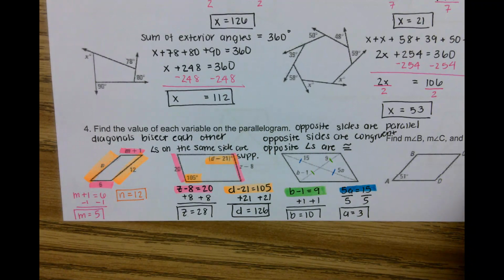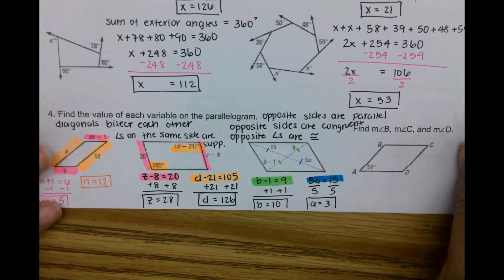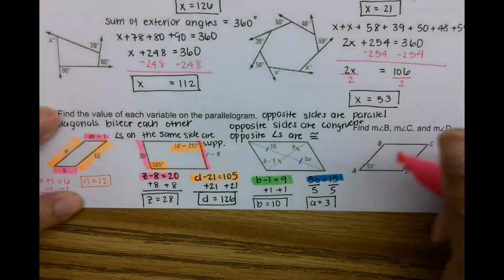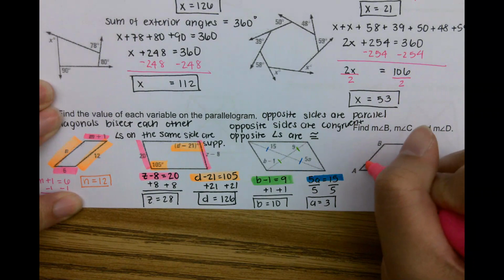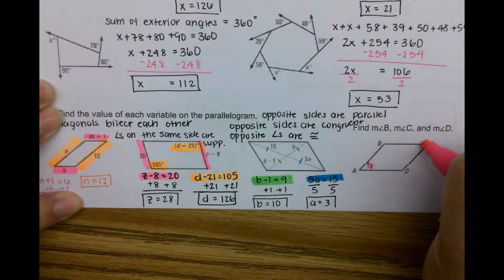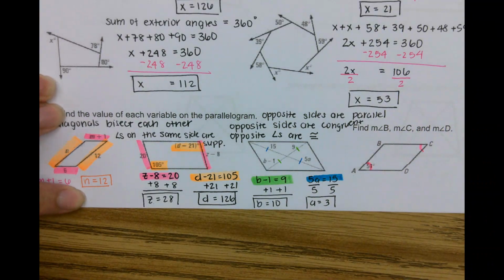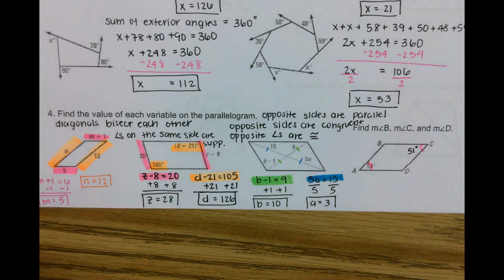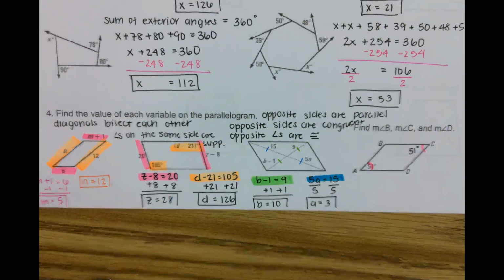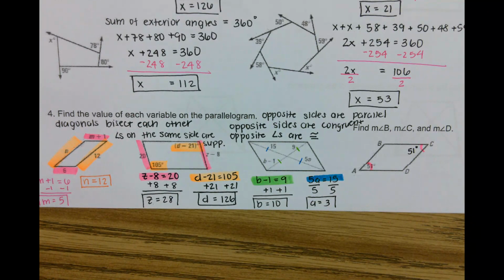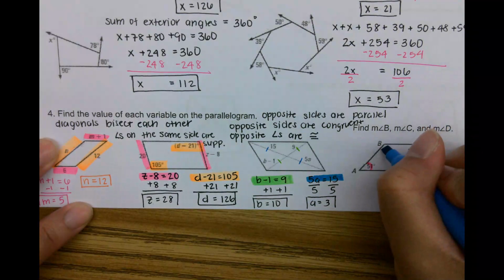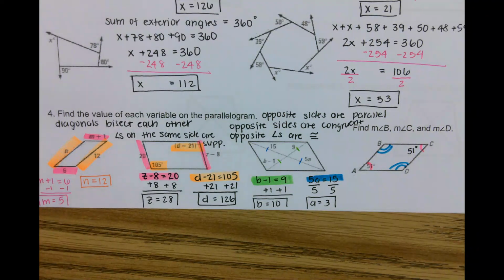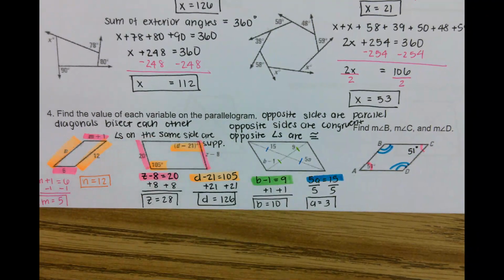Then here, it asks us to find angle B, angle C, and angle D. So again, for a parallelogram, opposite angles are congruent, so A and C would be congruent. So since angle A is 51, angle C is 51. Then we also know, again, opposite angles are congruent, so angle B and angle D. And we know that angles on the same side are supplementary.